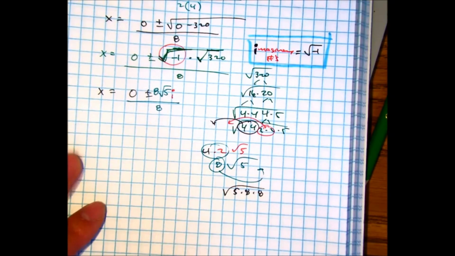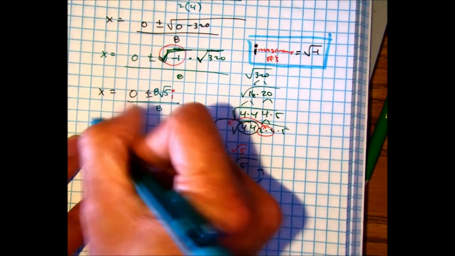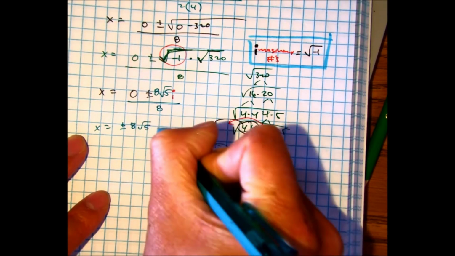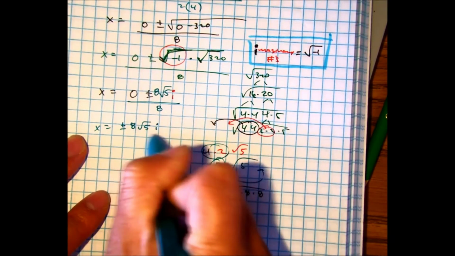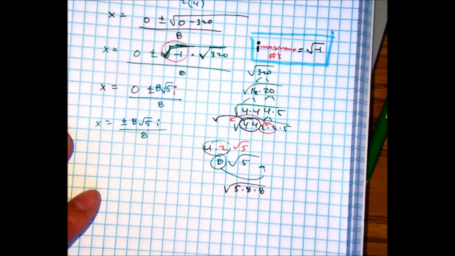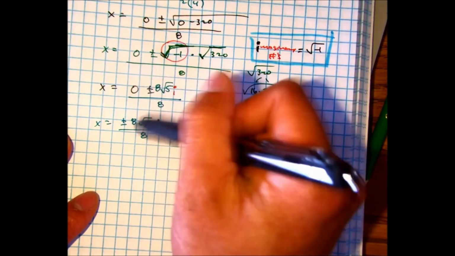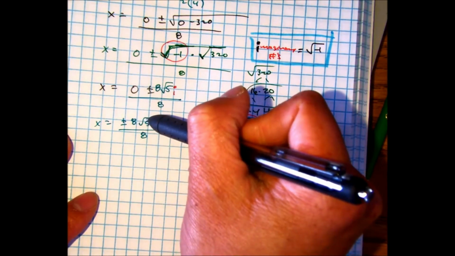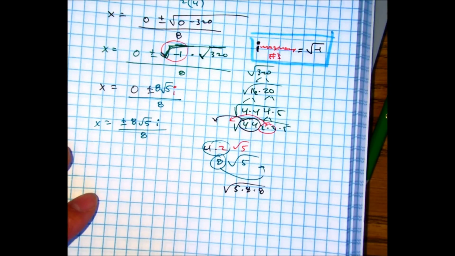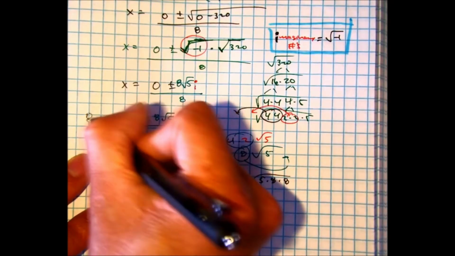Class, do I need to write the 0? Nope, so I have x equals plus or minus 8 radical 5. Pay attention, the I is not inside the radical over 8. Well, think about it. This is kind of like 8x over 8. Does that make sense? How would you guys simplify this?